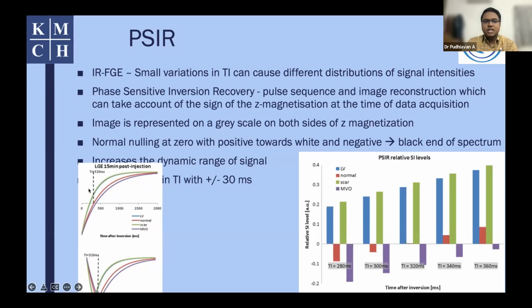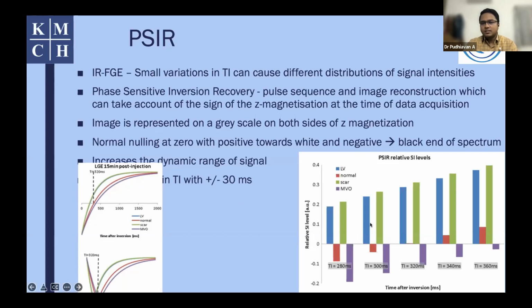It can identify the difference between the signal from the positive side and the negative side based on the phase differences. So because of this, the image can be represented on a grayscale on both sides of the Z magnetization. So the normal nulling is kept at 0, whereas the positive side is towards the white of this gray spectrum and the negative side is towards the black of the spectrum.